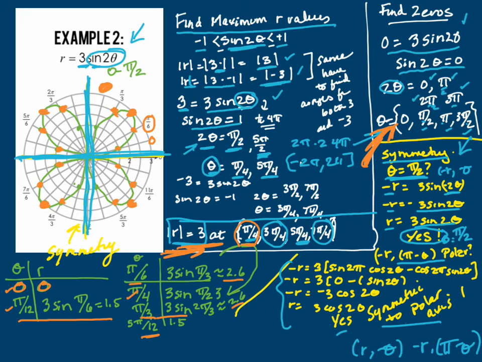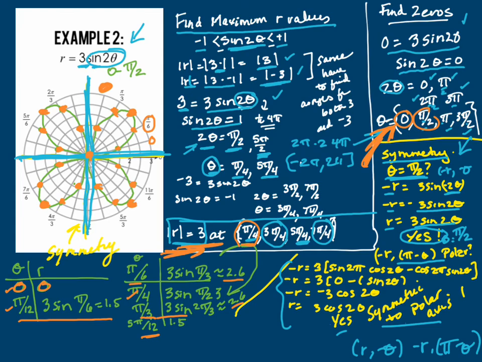And that was 1.5. So this point here, across theta equals pi over 2 and across the polar axis, would be here and here. All right, and remember that there was another 0 at pi over 2. So the other 0 would come in here at pi over 2.